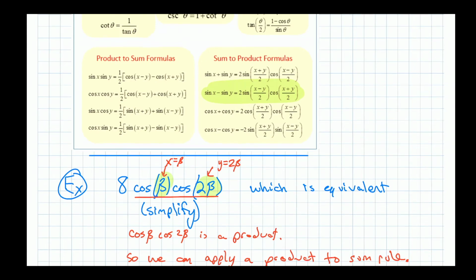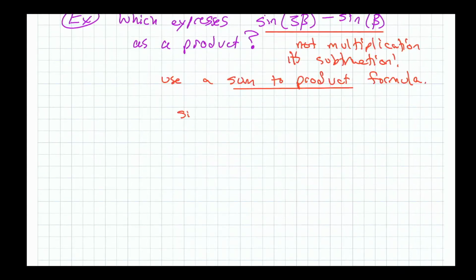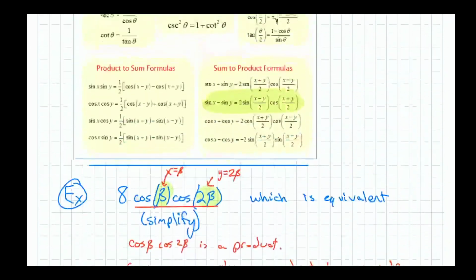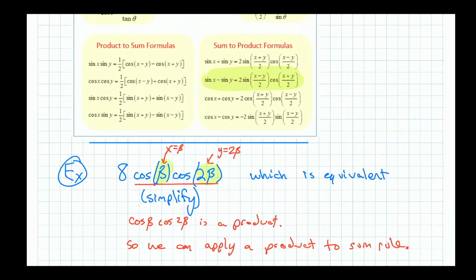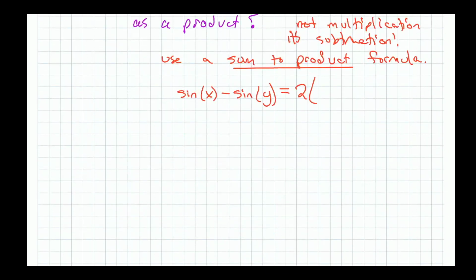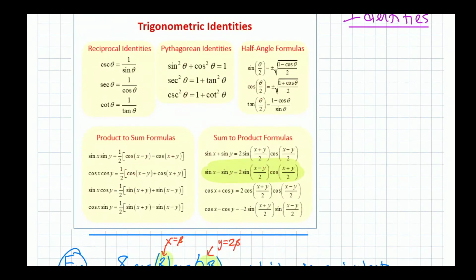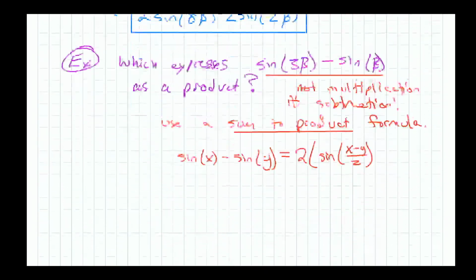So that's sine x minus sine y, like we have, is equal to, what is it? 2 sine x minus y over 2, cosine x plus y over 2.